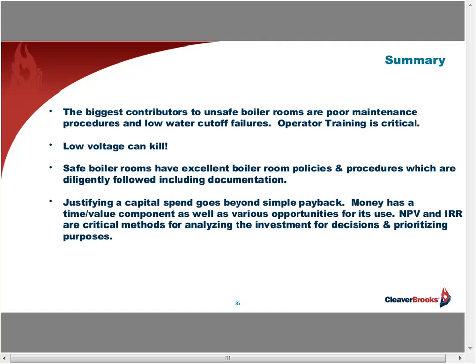And justifying a capital spend goes beyond the simple payback. For years I made that mistake. I was trying to justify an economizer or whatever it might be, a blow-down heat recovery system, a high-pressure condensate return system, and I did it with simple payback. I talked to a financial guy, and he gave me a blank look.